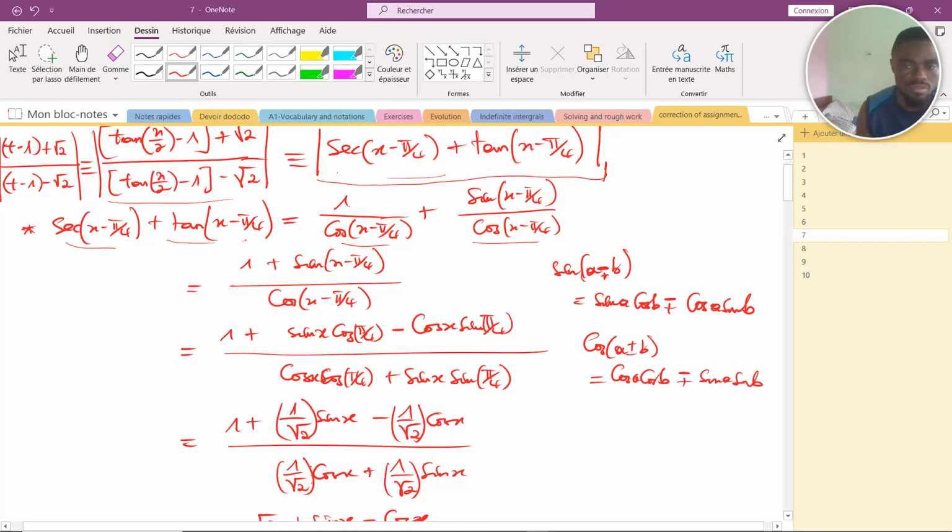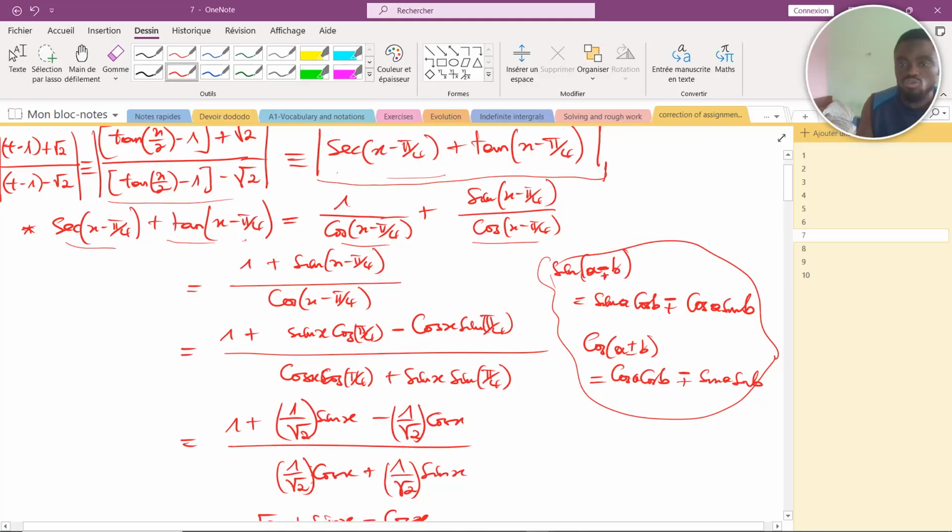Now let's apply these two formulas. So we have to expand sine x minus pi on 4. We're going to use this formula. So this becomes, on top I'll have 1 plus sine x cos pi on 4 minus cos x sine pi on 4. Is that okay?